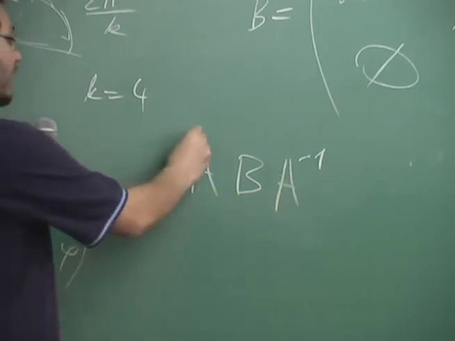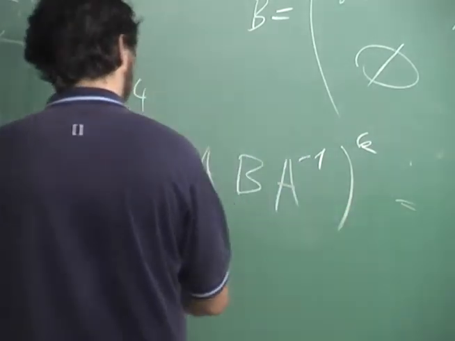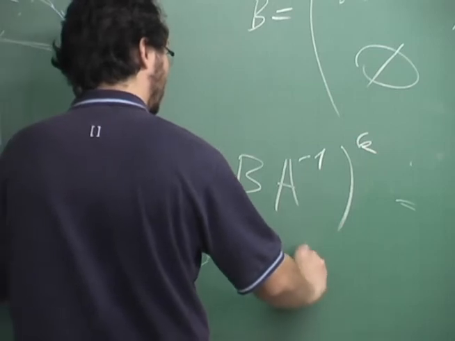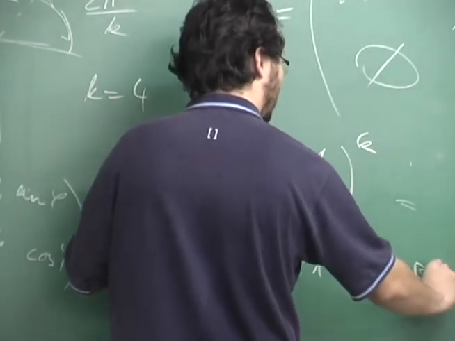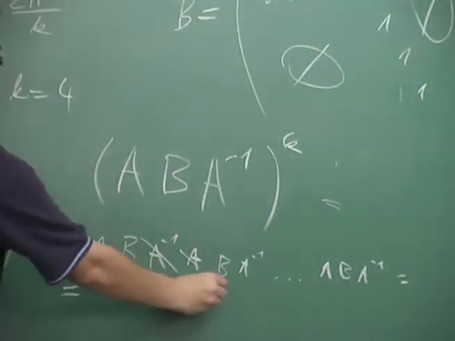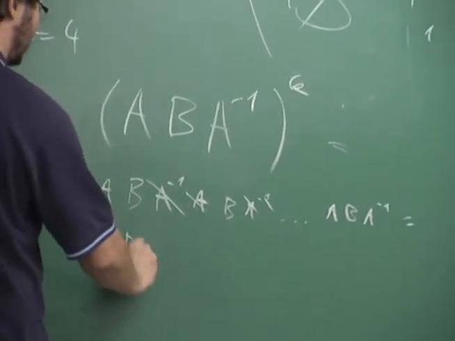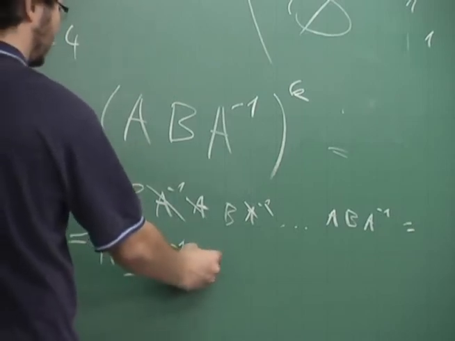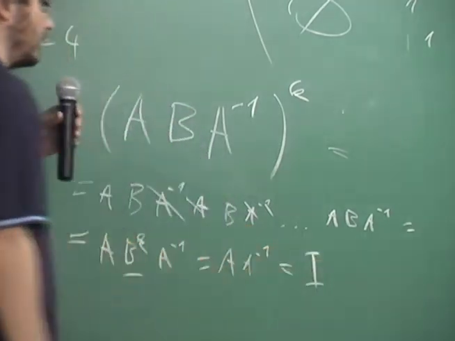If you raise this to the kth power, what you will get is A B A to the minus 1, A B A to the minus 1, and so on, A B A to the minus 1. And now each of these A to the minus 1 times A produces an identity. So you will get A, B to the k, A to the minus 1. B to the k is the identity. So it is the identity.